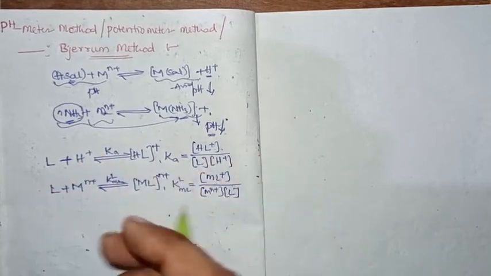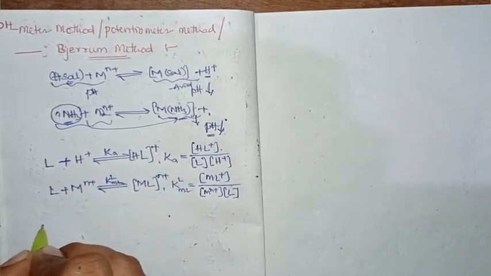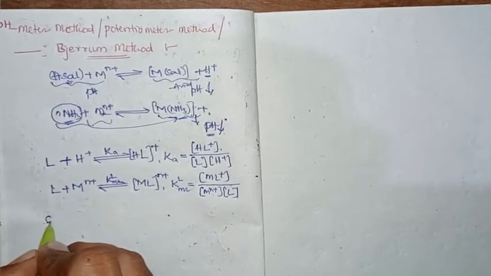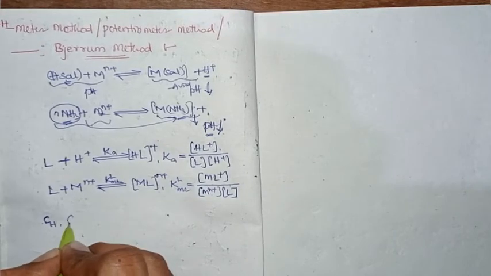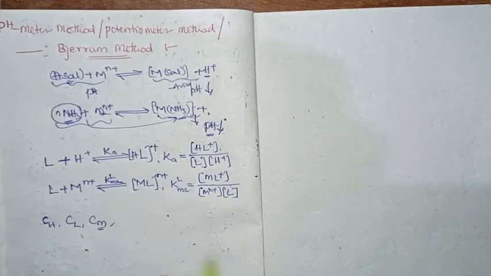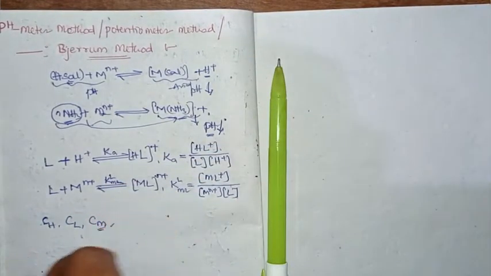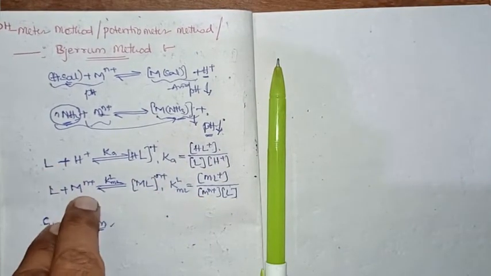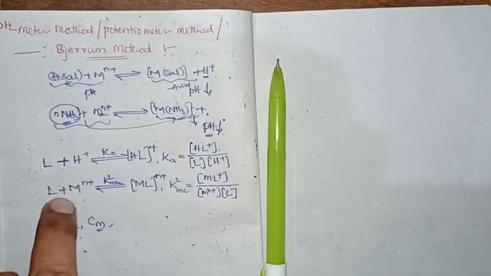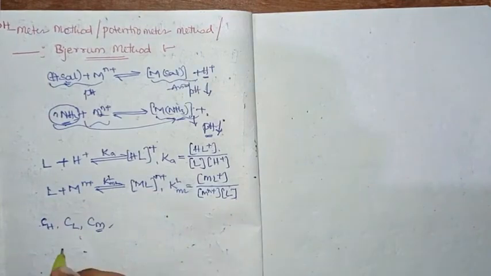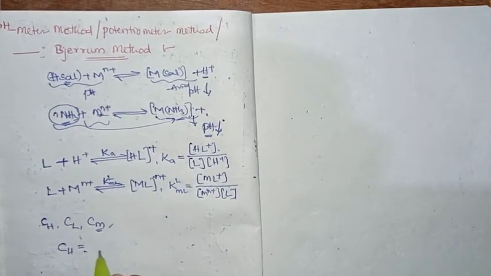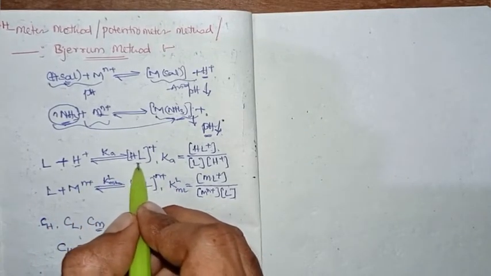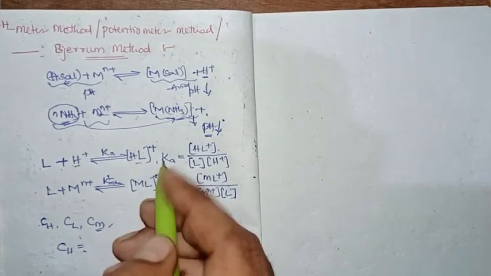So here this type of reaction can happen. So here, when we consider an initial concentration of proton, initial concentration of ligand, and initial concentration of metal, and having the reaction, after the combination of ligand to proton and ligand to metal, the initial proton concentration can be equal to the remained proton concentration plus protonated ligand concentration, isn't it?